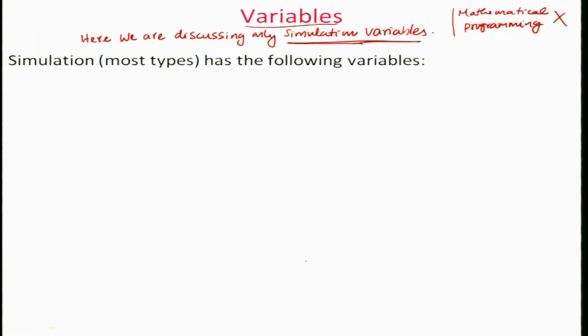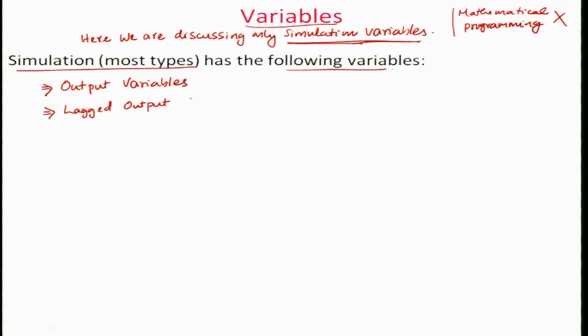Most types of simulations have the following variables. We will list the major variables here, and we will see what the main ones are. The first one is the output variables, and we will see each one of these variables in detail after we list all of them. Then the one that we call the lagged output variables.